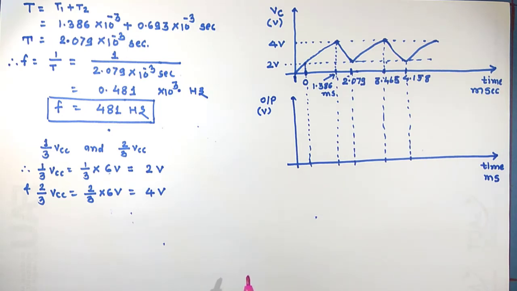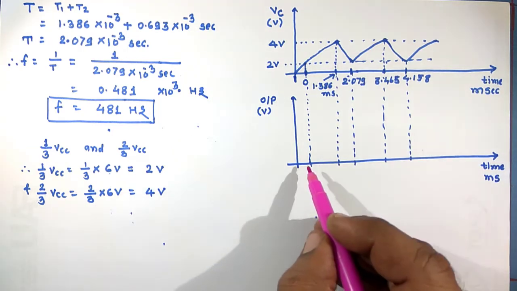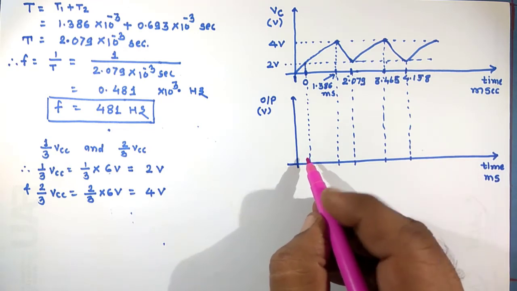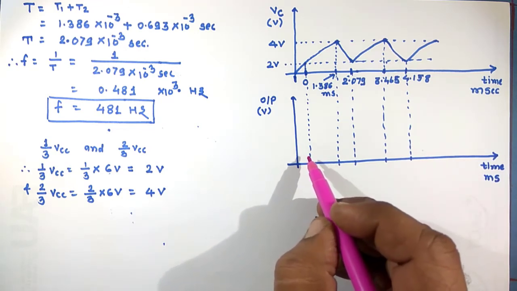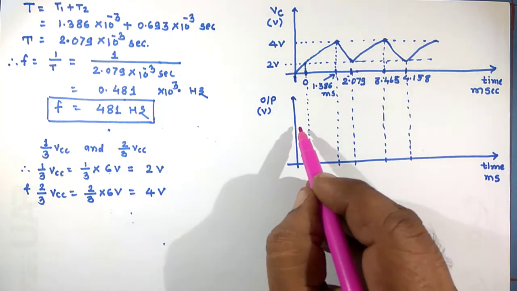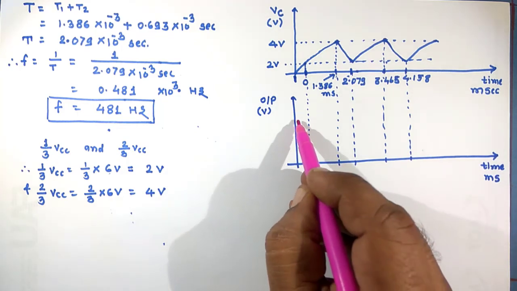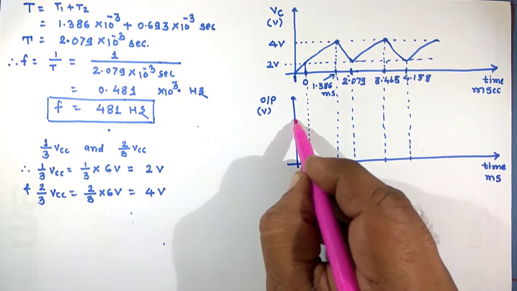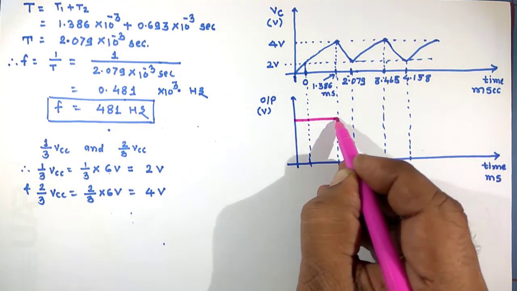At the beginning, when capacitor charges, output Q is high, and that's why Q bar is low and transistor is in off state. So up to this point voltage is high.